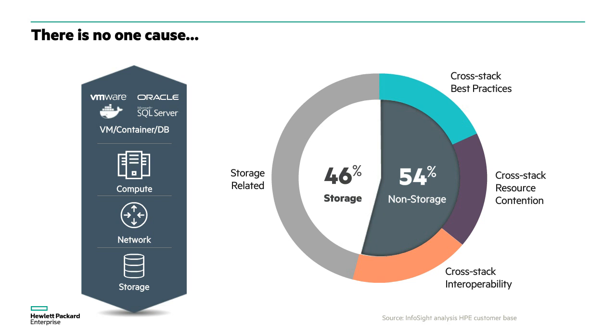Spoiler alert, the app data gap is not caused by just one thing, and although storage often gets the blame for problems, in reality, less than half of the issues are actually caused by storage. The rest relate to complex infrastructure interactions on multiple levels of the stack. These interactions are so complex, in fact, that it is becoming impossible for admins to navigate all the best practices and dependencies to keep their infrastructure running optimally.